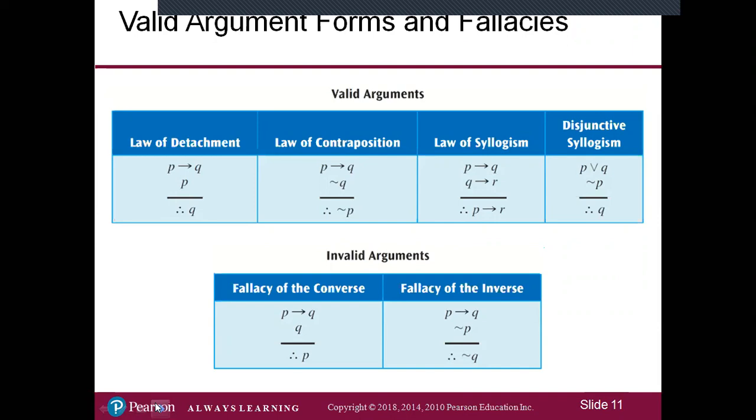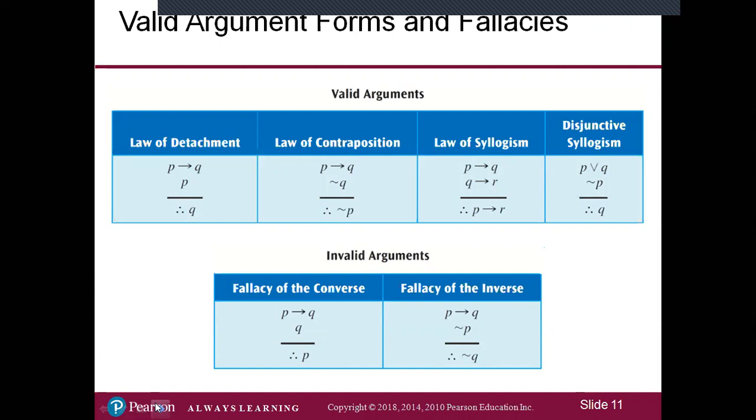We have the law of detachment, which says if P, then Q, we have P, therefore we have Q. The law of contraposition says if P, then Q, we don't have Q, therefore we don't have P. Law of syllogism reads if P implies Q and Q implies R, then P implies R.